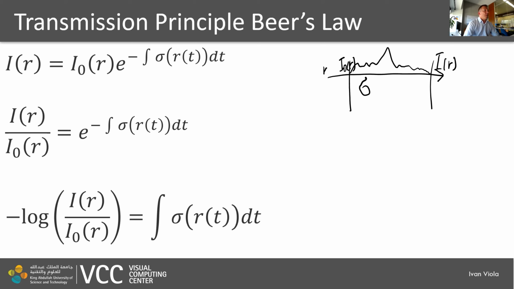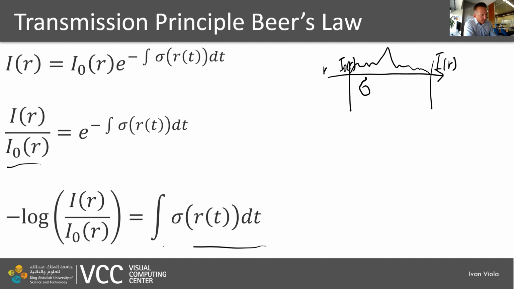We would like to have a simpler one, so in tomographic reconstruction we often put the original intensity on the left-hand side of the equation, and then, to get rid of the exponential function, we take the logarithm of this equation.